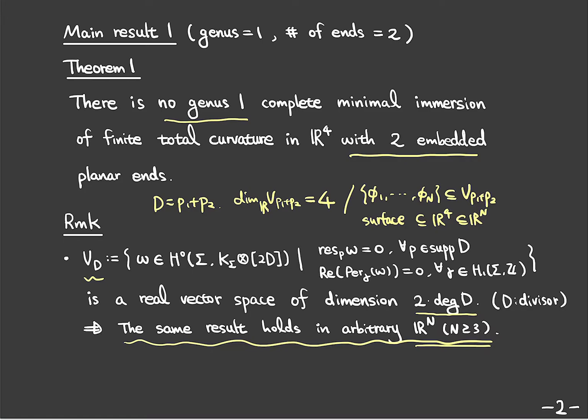And also, since the condition for the position of the ends is not given here, all possible end positions are included, like this, or this, or this. All cases are included.